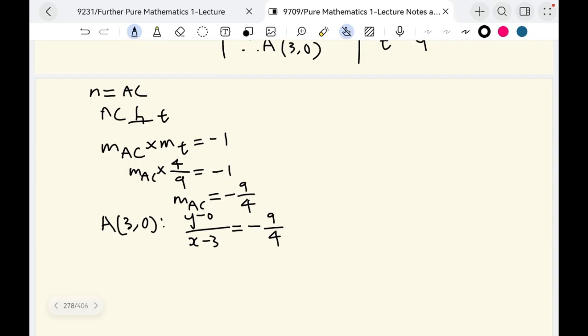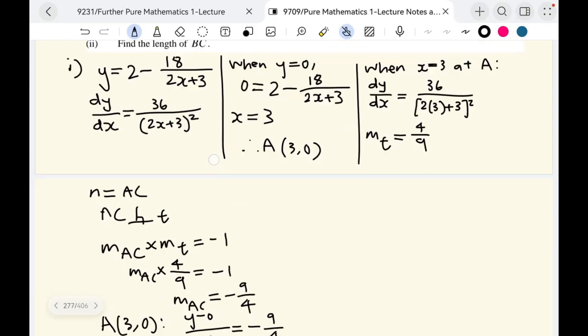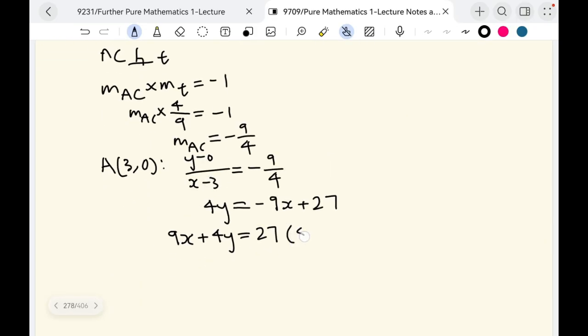Cross multiply and simplify. Then you should get the answer stated in the question. Exactly the same. Okay? So in the end, you will get 9x plus 4y is equal to 27. Correct. So therefore shown.